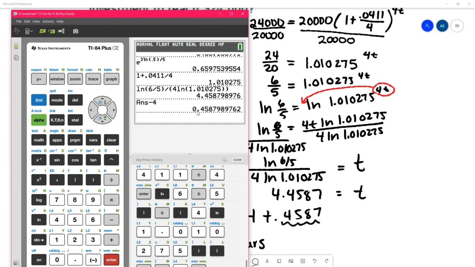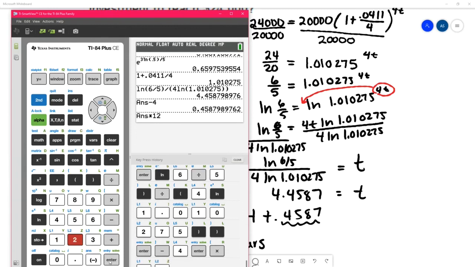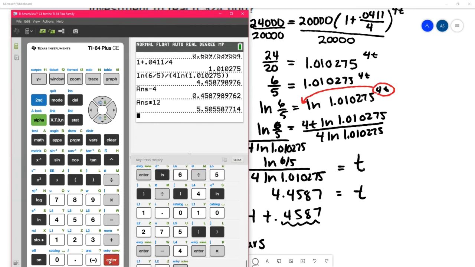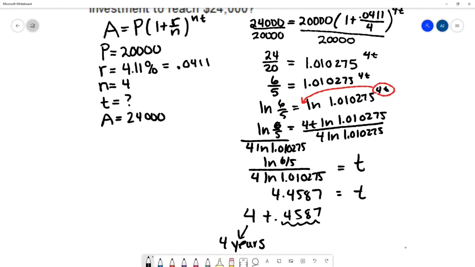And this is how many parts of a year we have. We're going to convert that to months. You convert it to months by multiplying by 12. There are 12 months in a year. And so we get 5.5 months. And we need to round.